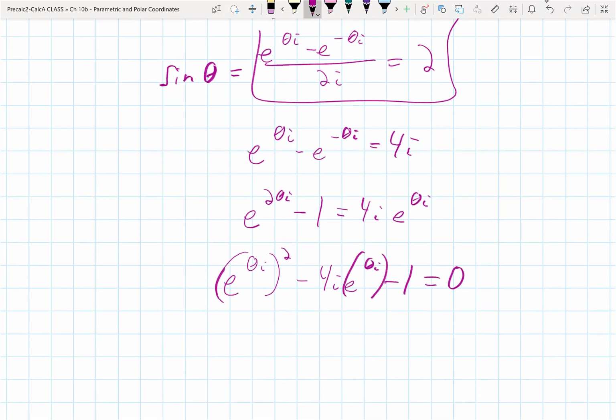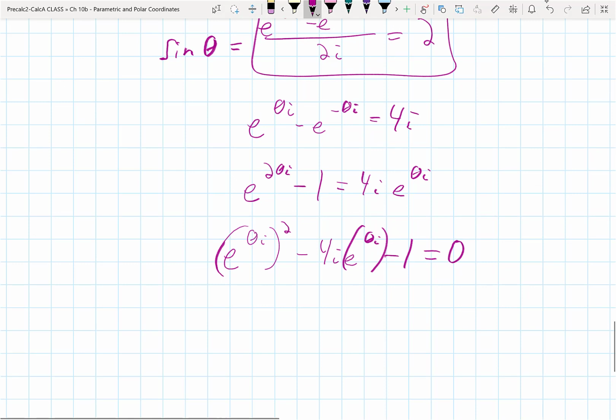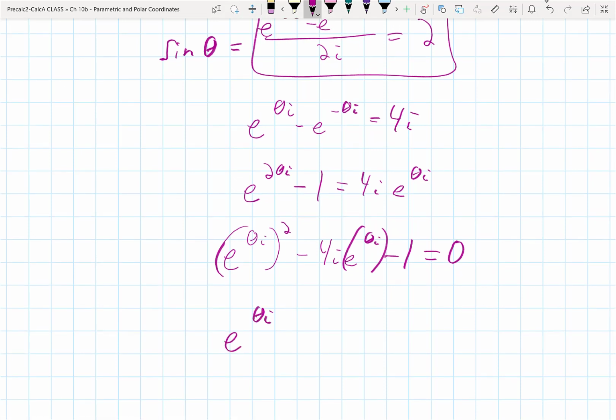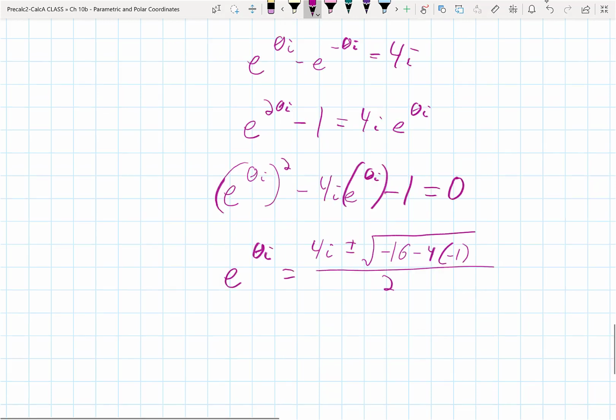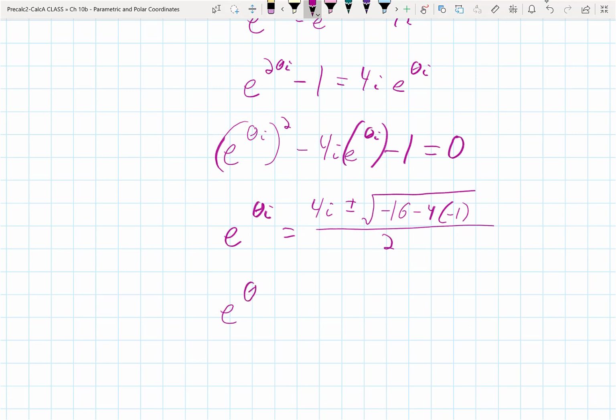This is a quadratic. So let's use the quadratic formula. e to the theta i equals the opposite of negative 4i, so 4i, plus or minus the square root of 4i squared, which is negative 16, minus 4 times a times c, all over 2a. And you get e to the theta i is equal to 4i plus or minus root negative 12.